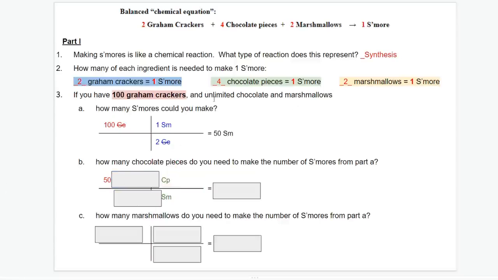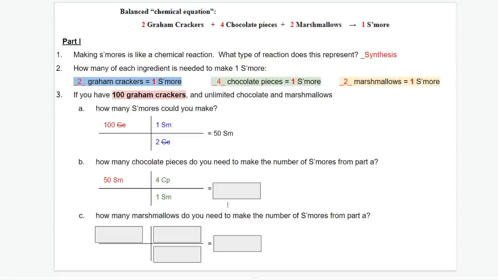Again, I take my values from my equivalency statement. 1 s'more is equal to 4 chocolate pieces. So I have 50 s'mores times 4 chocolate pieces, which gives me 200 s'more chocolate pieces.